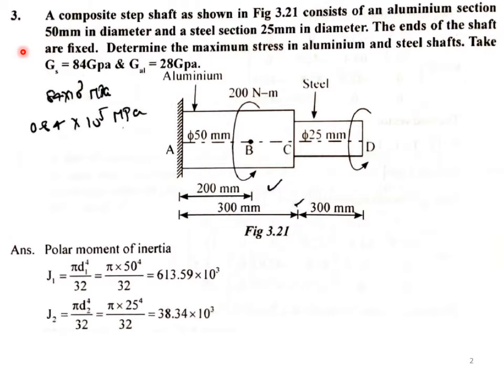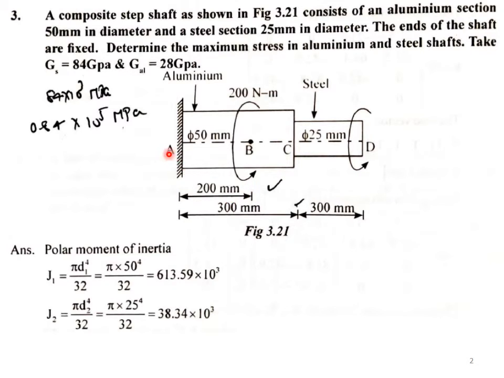It is given that the ends of the shaft are fixed, meaning both ends should be fixed. But in the figure only one end is fixed, so we just have to make a correction and fix this end also.